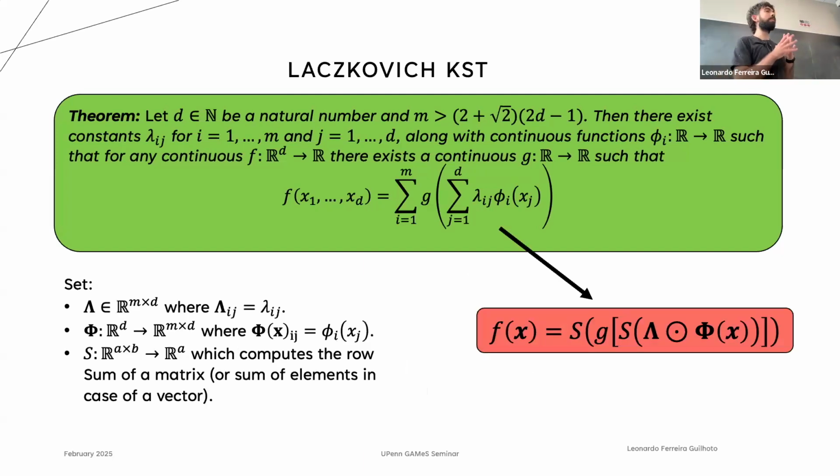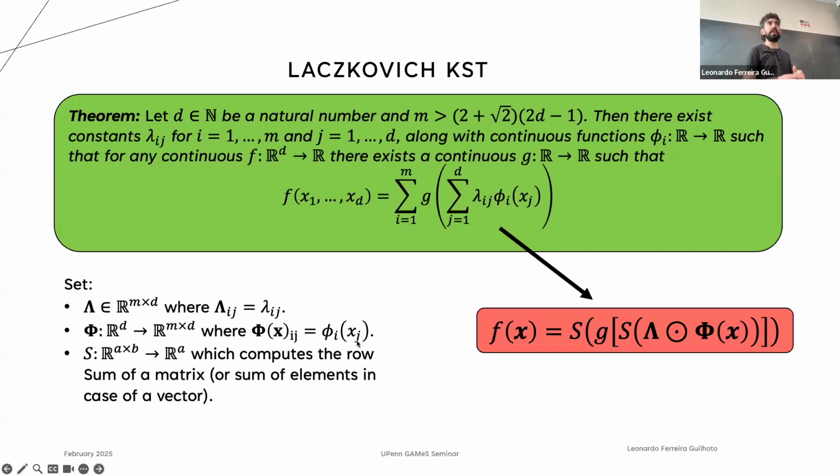So let's use a little bit of vector notation to make things simpler going forward. This same formula can be written in this manner over here in red if we use the following notation. First, we set capital lambda to be a matrix where the ij entry is equal to lambda ij. We set capital phi to be a function that, given an input x, the ij entry of this matrix is equal to phi i of xj.